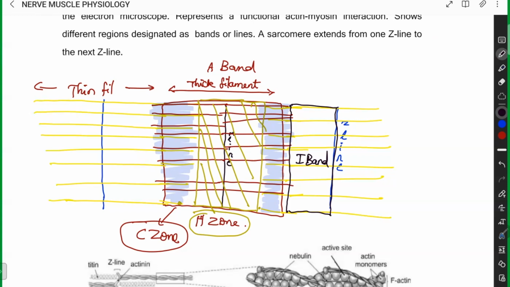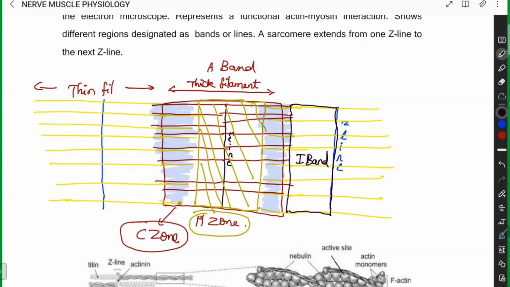Number 4. The A band is going to be overlapping with your thin filament. The place where there is no overlapping of your thin filament, you're going to call it the edge zone. Number 5, you have this interaction place, the interaction between the thin filament and your thick filament; that region is called the C zone.